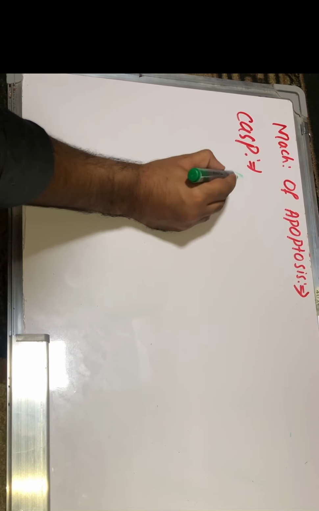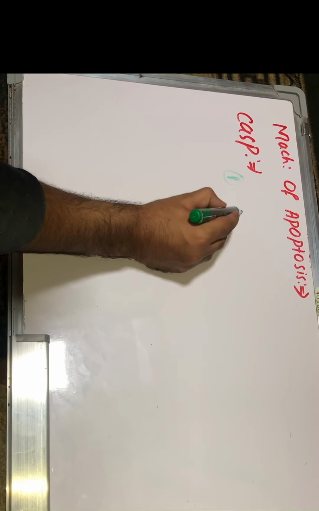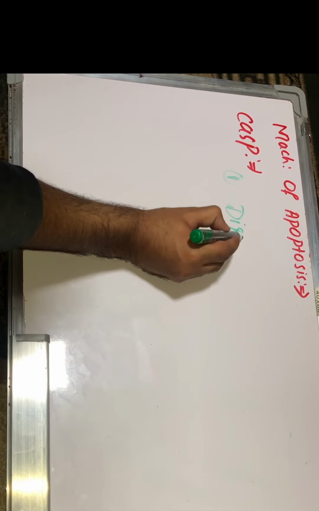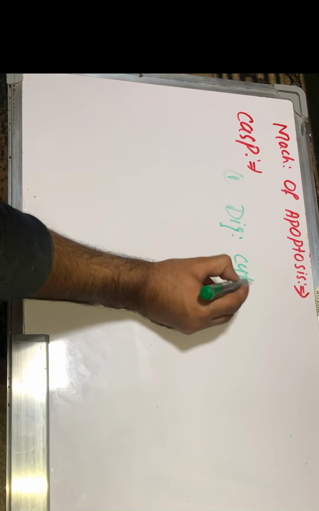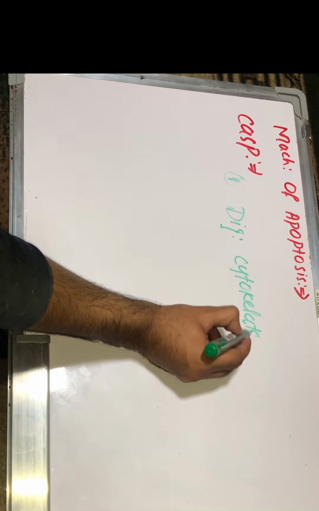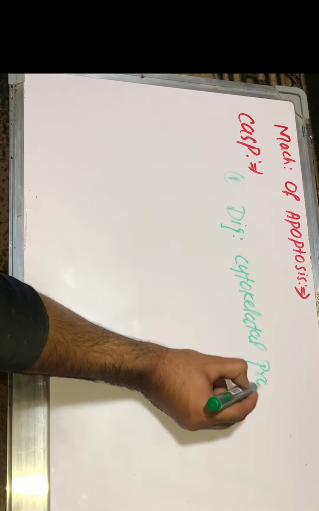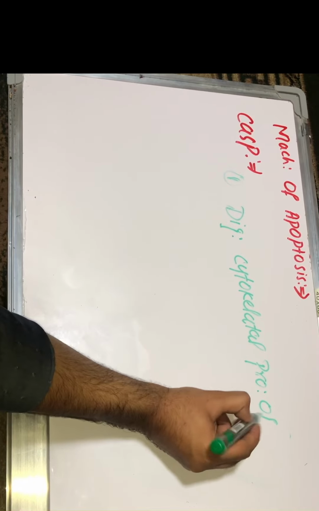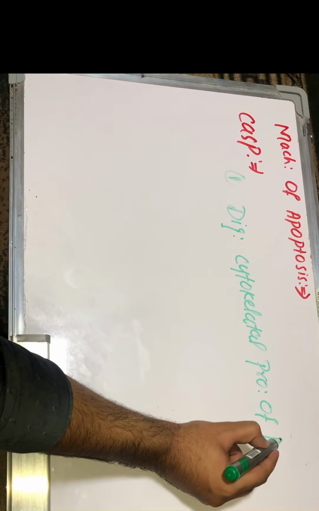Number first, they will digest cytoskeletal protein of the plasma membrane.